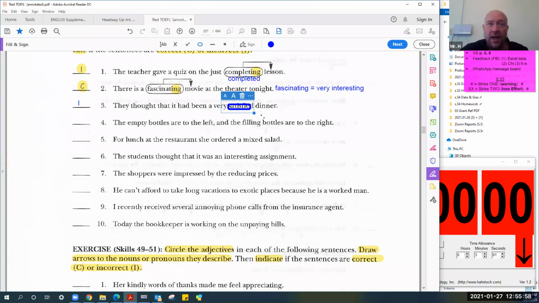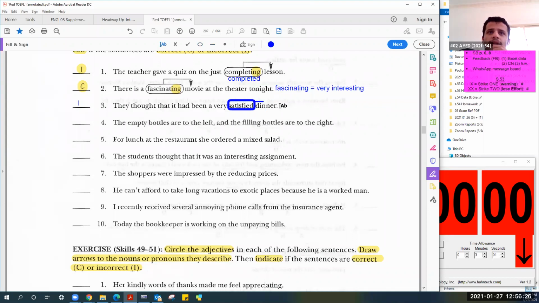And if I make an arrow to the noun, which noun does it describe? Dinner. Correct. I'll put it up here above it. So what's the problem with that?